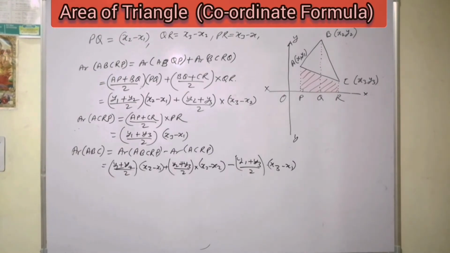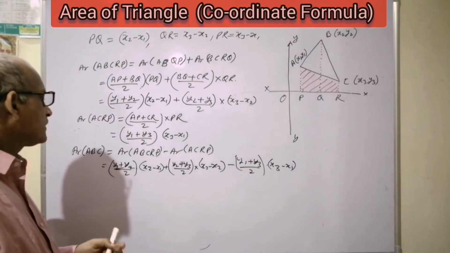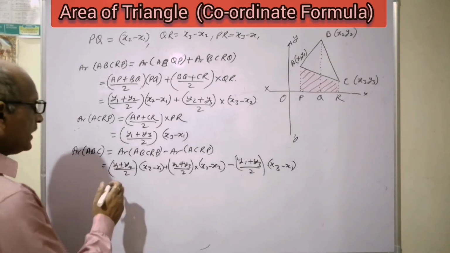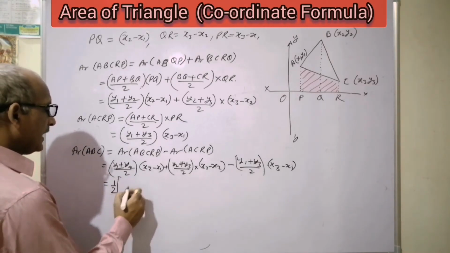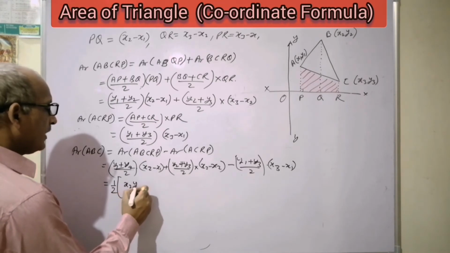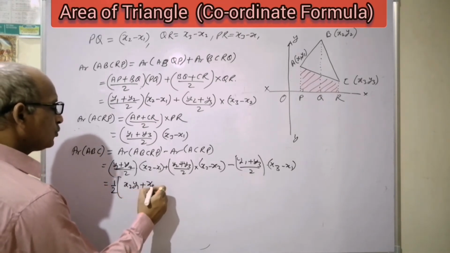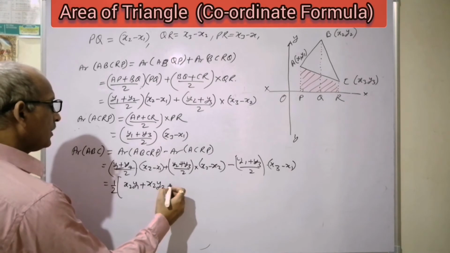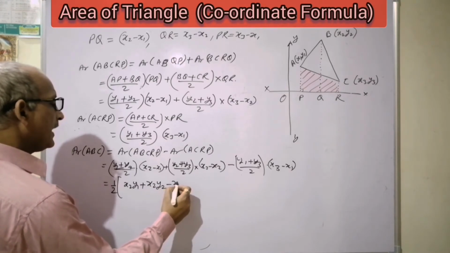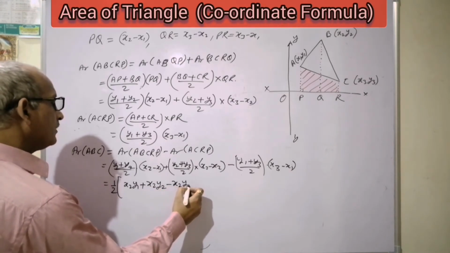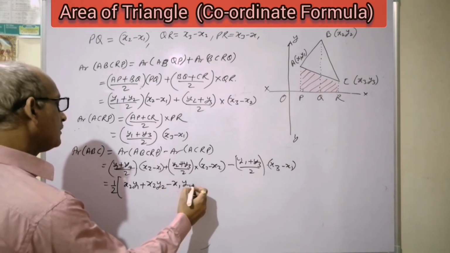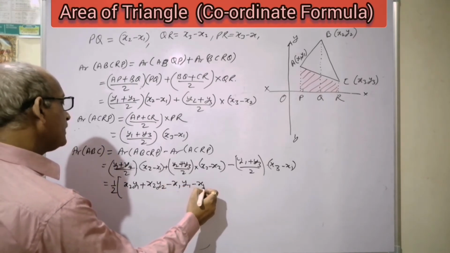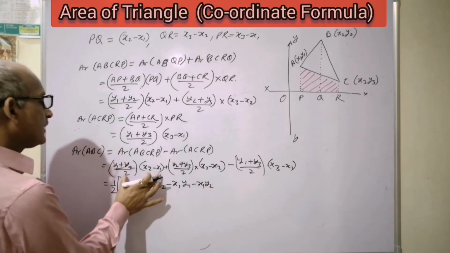Now we'll multiply term wise. Here we'll take 1 by 2 finally out, then x2 y1 plus x2 y2 minus x1 y1 minus x1 y2. That is all for this term.